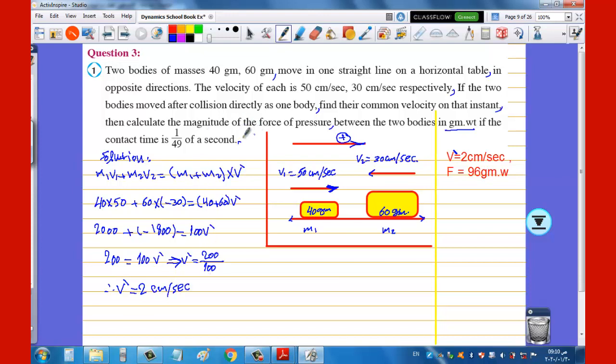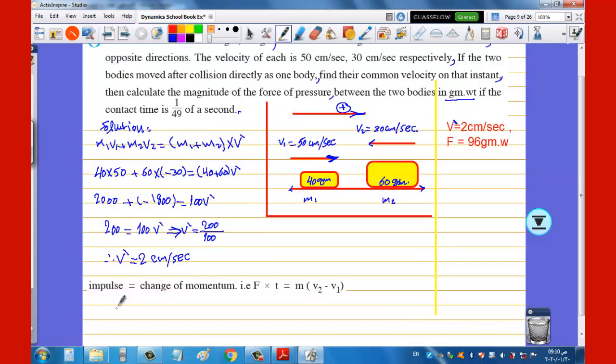Second required here. Then calculate the magnitude of the force of pressure. Now we have the rule impulse equals change of momentum. The impulse equals F multiply T. F is the force of pressure.